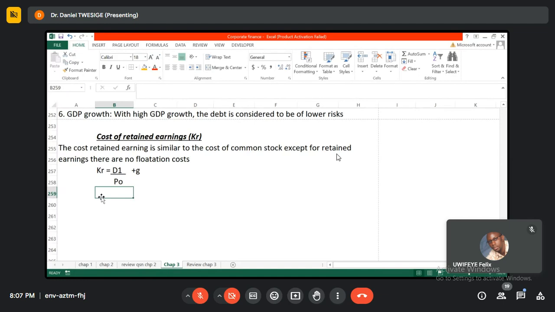Why not D0? It's because we are at the end of year one, isn't it? Yes. So we forgo the expected dividend that we may not get to allow the business to invest.